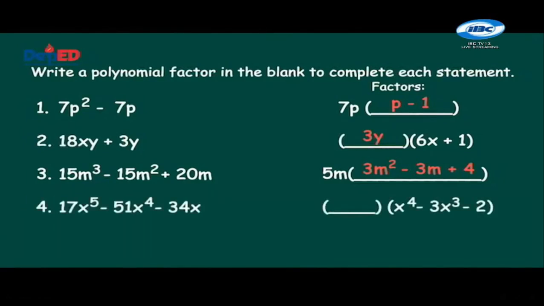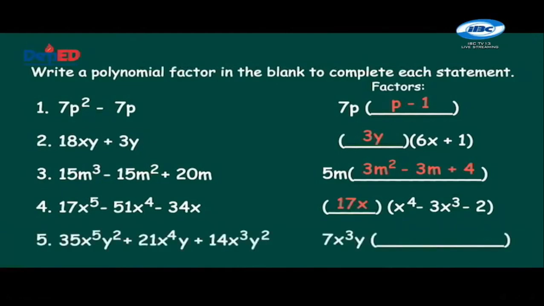Number 4, 17x raised to 5 minus 51x raised to 4 minus 34x in factored form is blank times the quantity of x raised to 4 minus 3x cubed minus 2. The greatest common monomial factor is 17x.